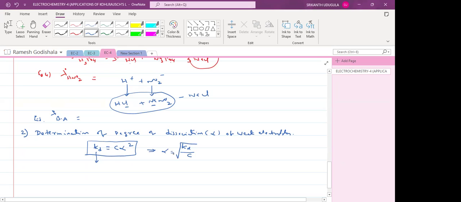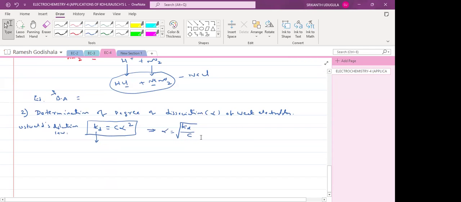If you know the dissociation constant as well as the concentration, you will get the degree of dissociation of the weak electrolyte, which is obtained from Ostwald dilution law.